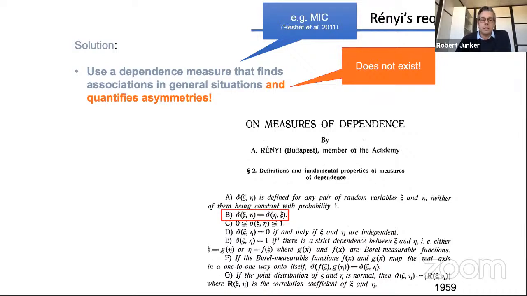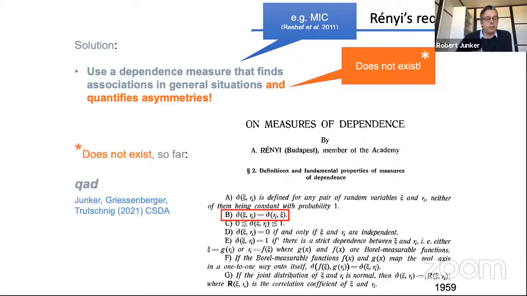So we disagree with that property. So we think asymmetry is an inherent property of dependencies, and so we should be able to calculate it. And we lose a lot of information about the dependence if we ignore it.